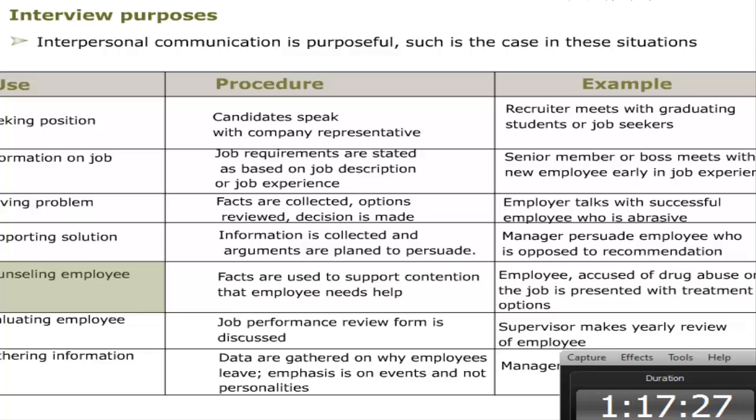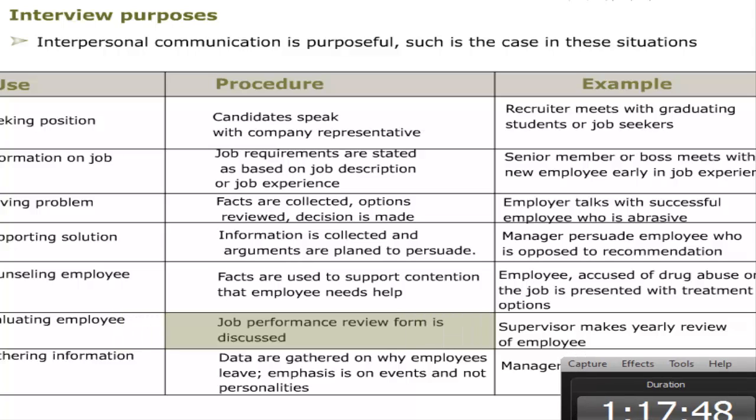Counseling employee. Facts are used to support the contention that the employee needs help. An employee accused of drug abuse on the job is presented with treatment options. Evaluating employee. A job performance review form is discussed. A supervisor makes a yearly review of an employee.